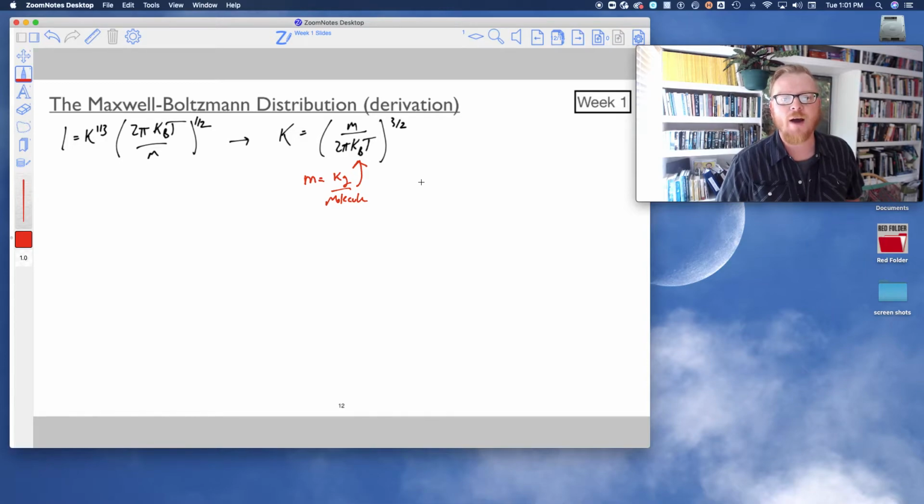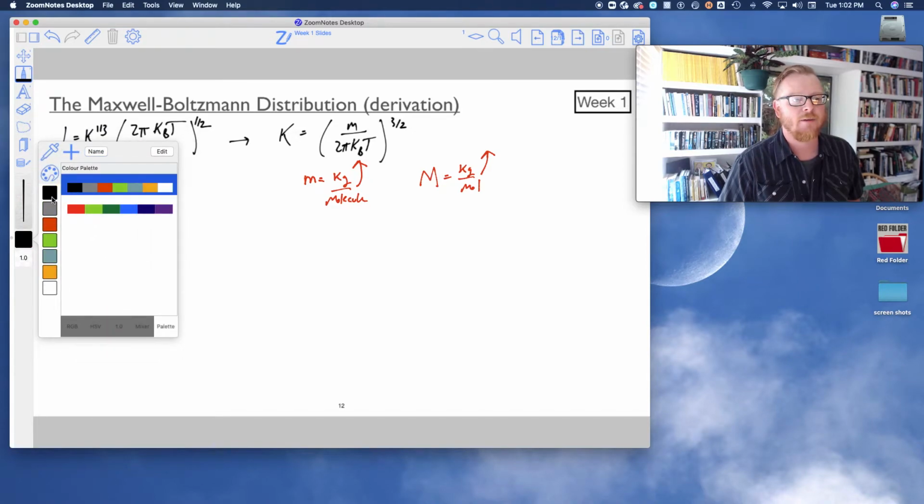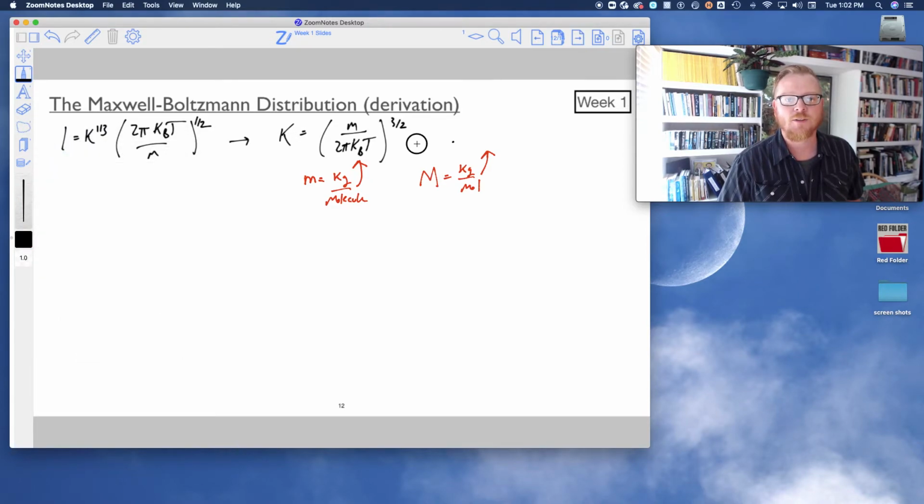But if I use a big capital M, that corresponds to kilograms per mole, and you may have guessed it, we'll use the gas constant R. So I'll say that's now capital M divided by 2 pi RT to the 3/2.